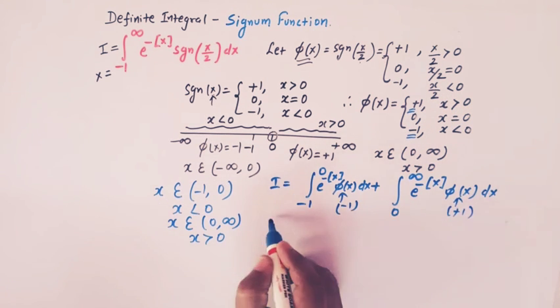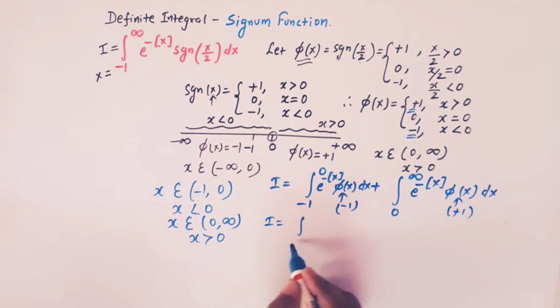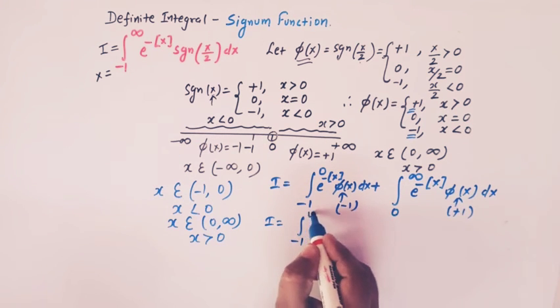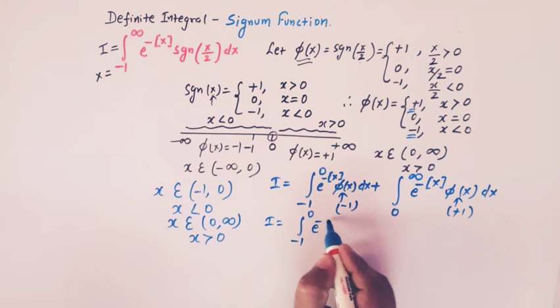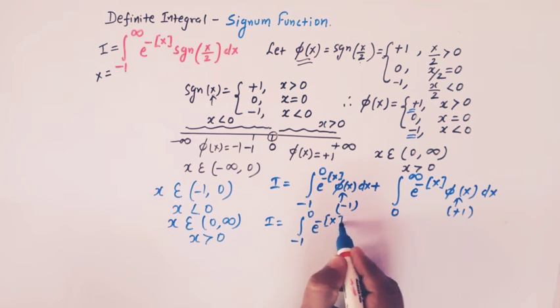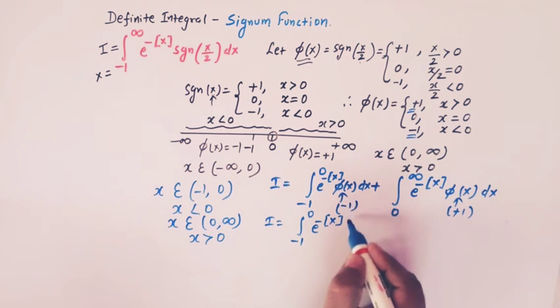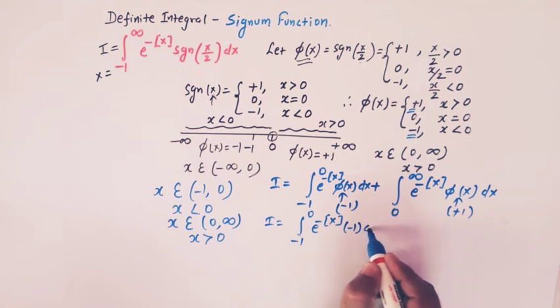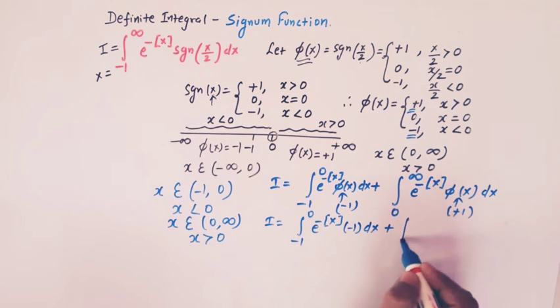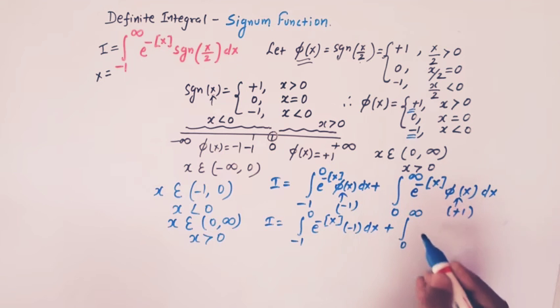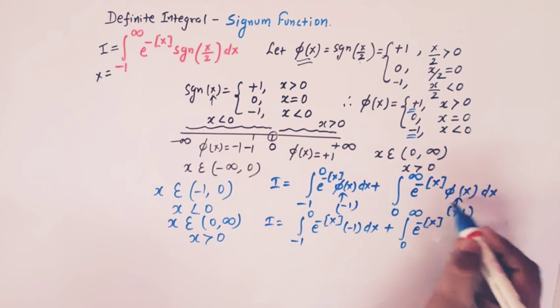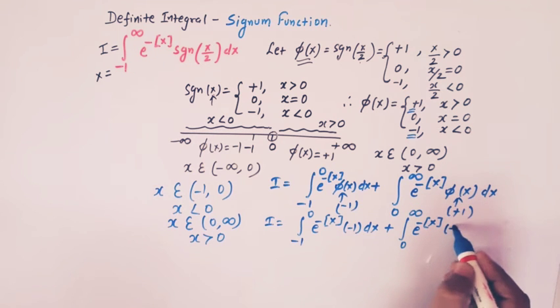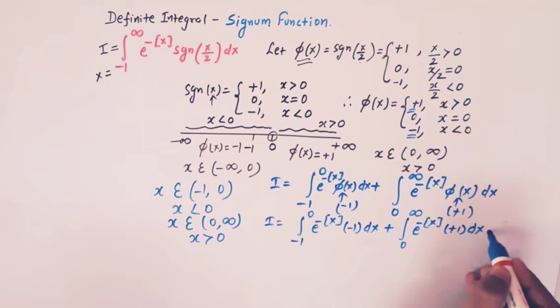So now this integral I can be written as integral from -1 to 0 e raised to minus greatest integer x, and for phi x we have -1 here, dx, plus 0 to infinity e raised to minus greatest integer x, and for phi x we have plus 1, right?